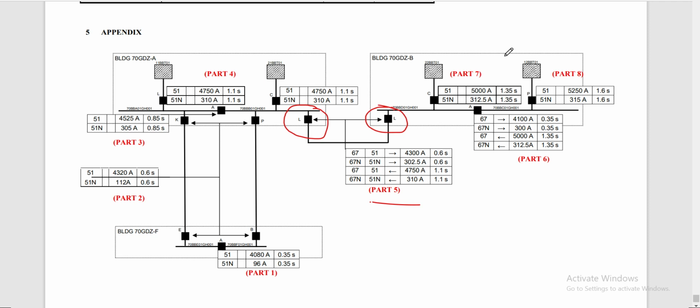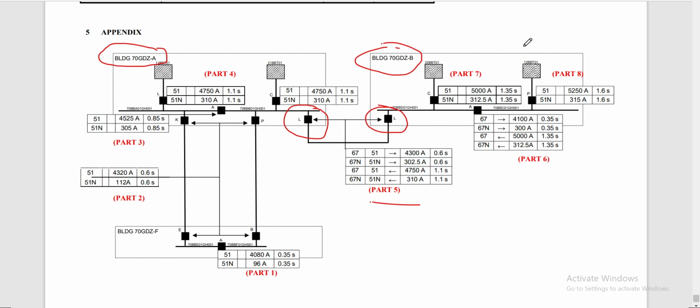It's either the power source is taken from building B or from building A. First condition, if the power is taken from building B, and in a worst condition, the power source is taken on the right side of our 11 kV switchgear bus on building B.